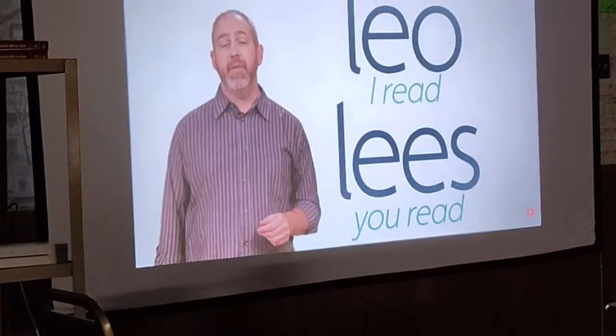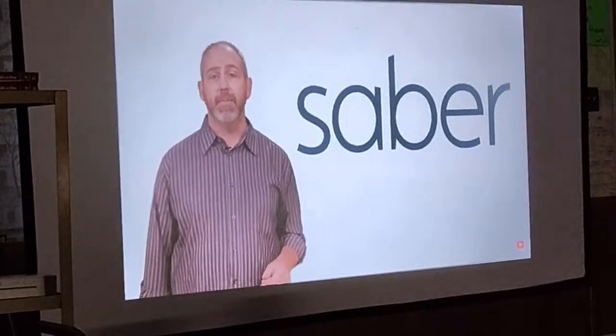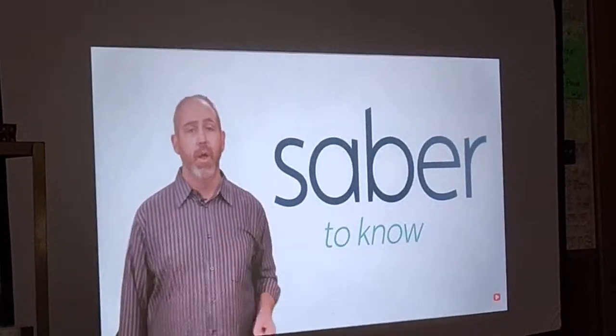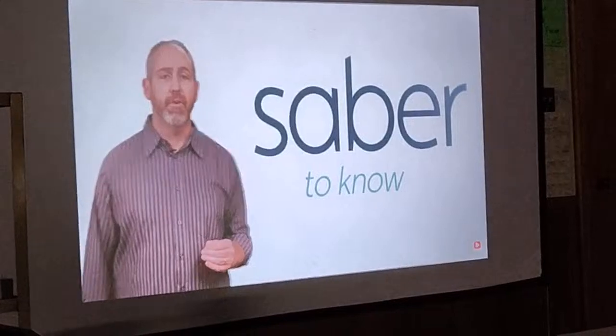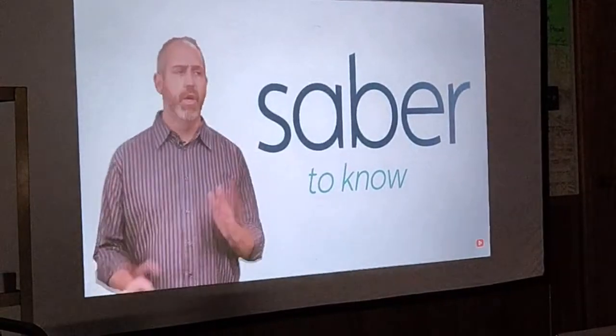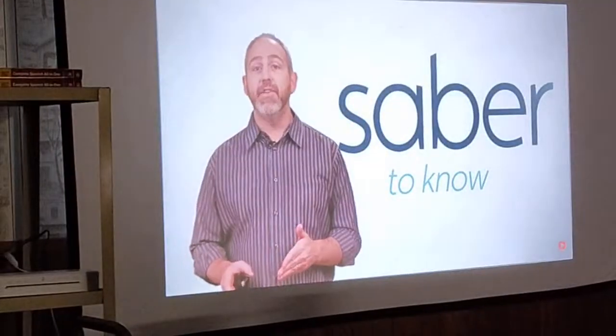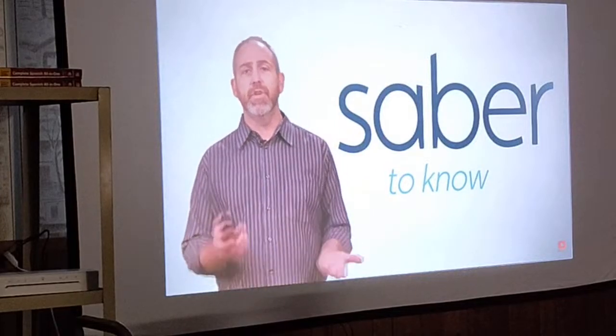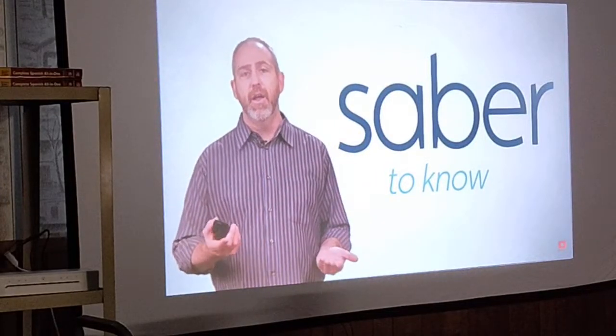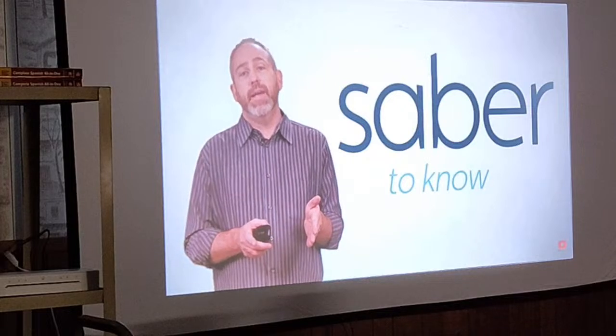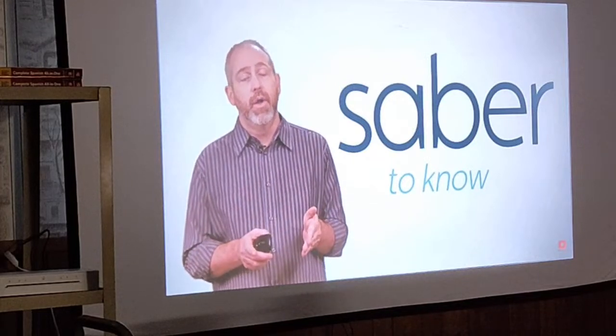Now, let's talk about the verb saber. Saber means to know. I want to go ahead and tell you something about the verb saber. In Spanish, we have two ways to say to be, right? So you have to learn the difference between ser and estar. We also have two different ways to say to know.